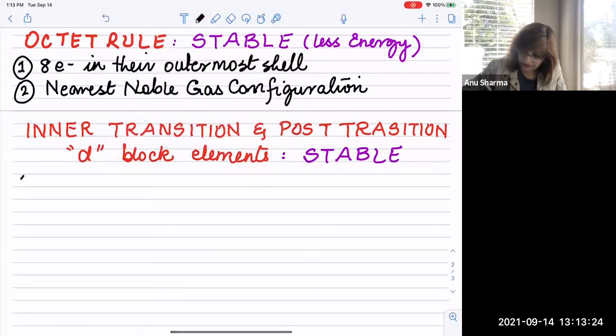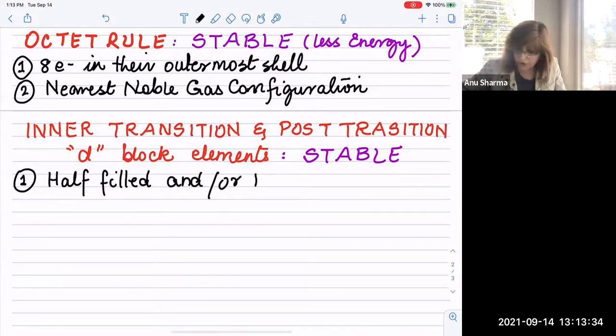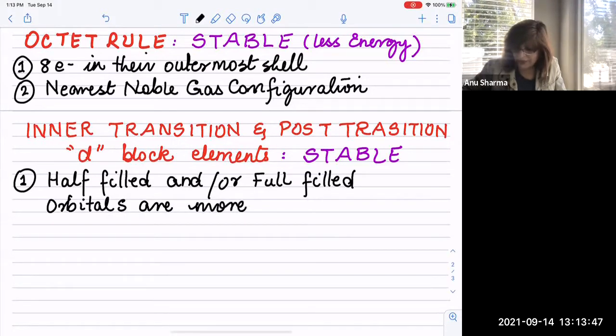So here's the rule for them: half-filled and or full-filled orbitals are more stable.